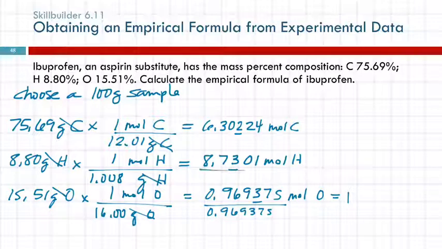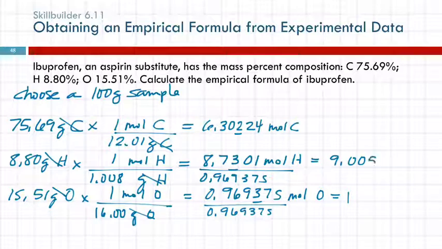And then I'm going to divide this one by 0.969375. 8.7301 divided by 0.969375. When in doubt, write down more digits than you need, or than you think you need.